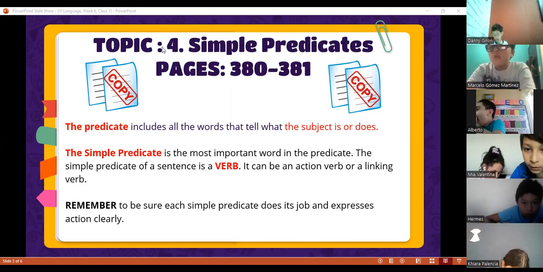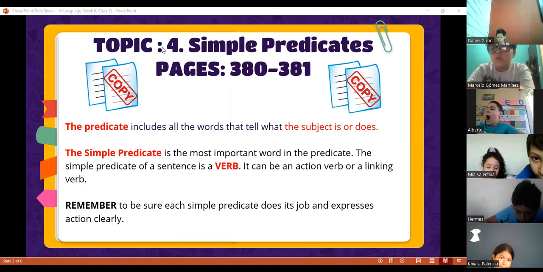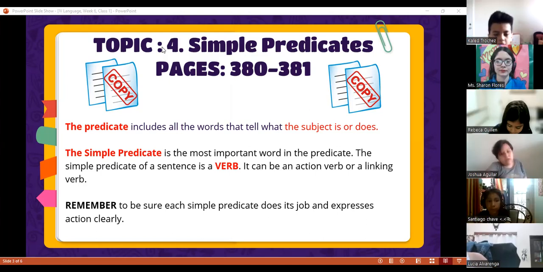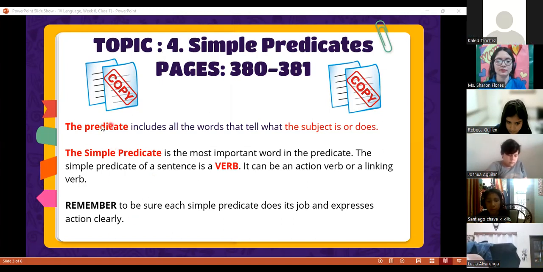Camila, are you working on this? Are you copying this in your notebook? You have to copy everything that is here, Khaled. Okay. Santiago Chavez, are you working? Mia Valentina.